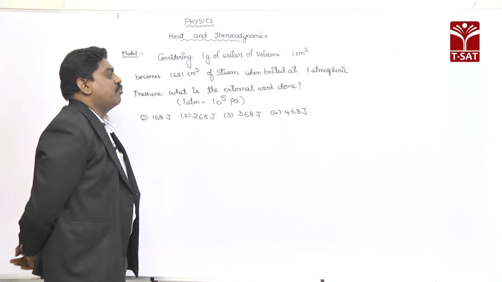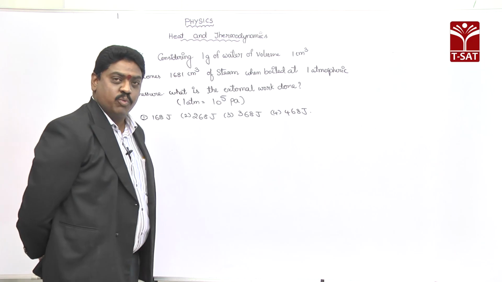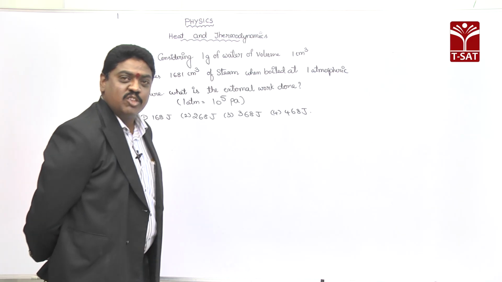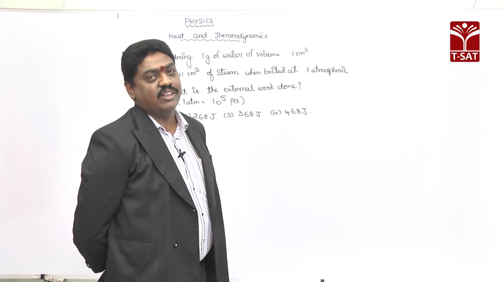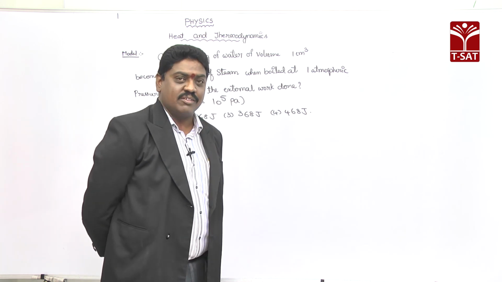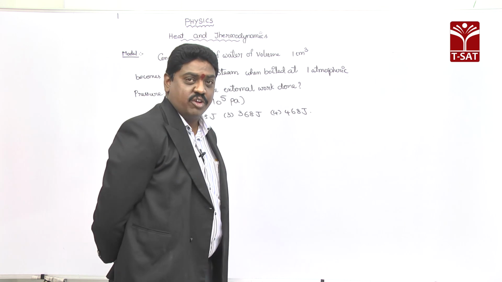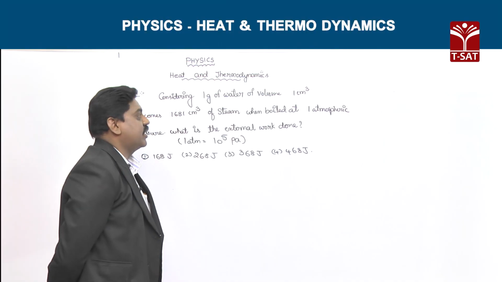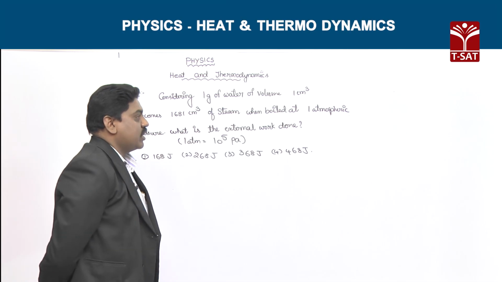Now let us take a model, a little changed one. Up till now we were doing the problems on Joule's mechanical equivalent of heat, that is W equals Q in SI and W equals JQ in CGS. Right now we are considering a problem on external work done.